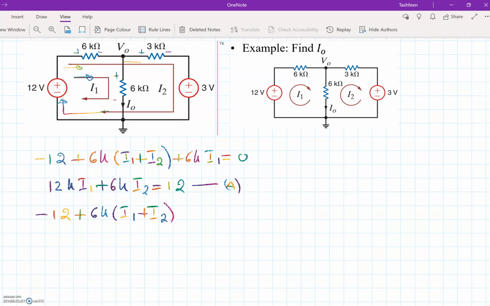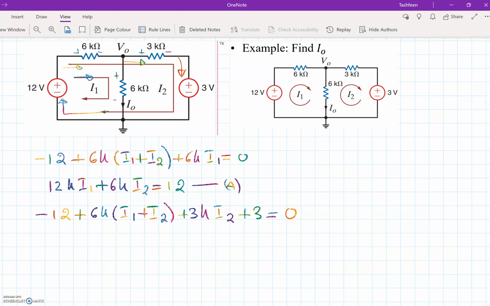So then this current will enter the 3 kilo ohm resistor, and it is entering the positive terminal, so I write 3k into I2, and then I'll write it as entering the positive terminal of this voltage source, and write plus 3, which should be equal to 0.